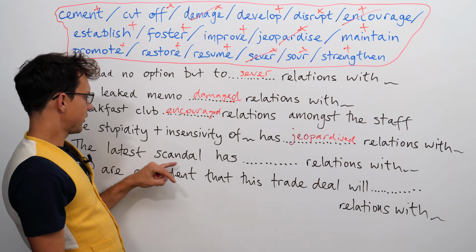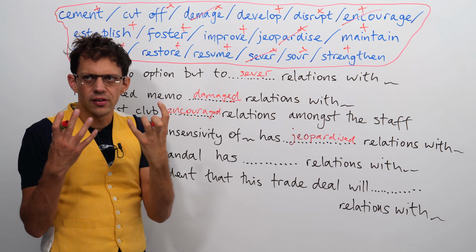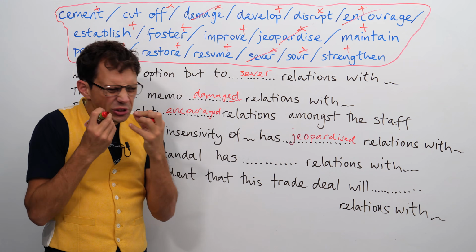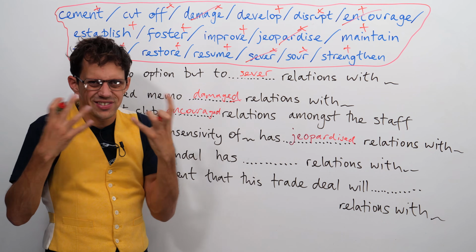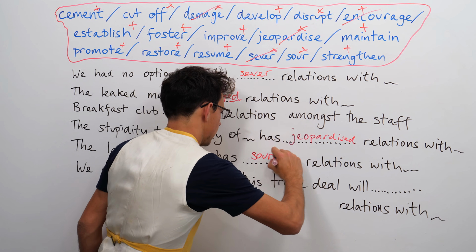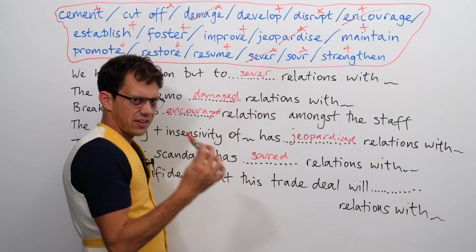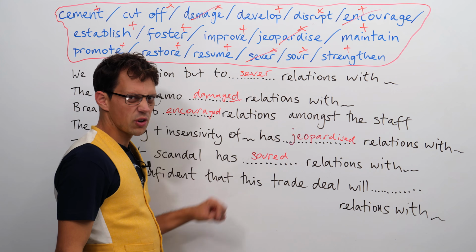Sour. The latest scandal has soured. Yep, made everything taste bad. This thing happened and now, this whole relation between this and this just doesn't taste good anymore. Soured. The black has soured my red pen. Look, it's feeling all sort of bitter that it's got black in it.